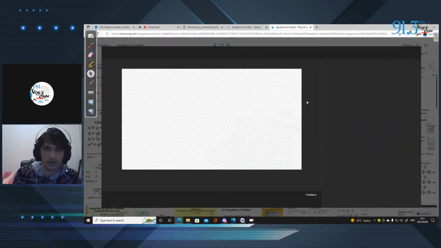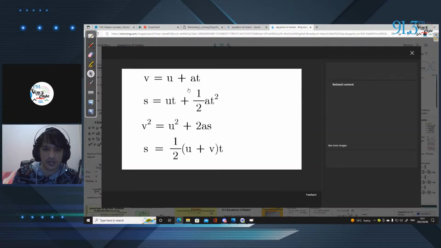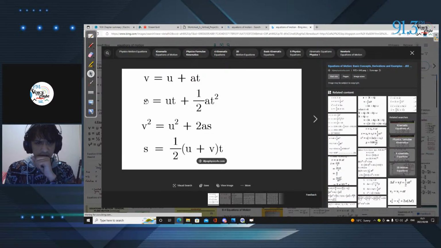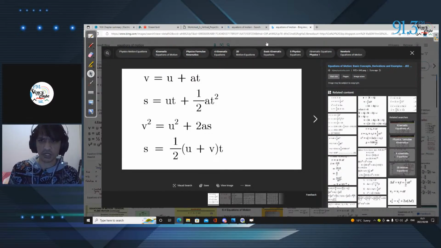Here we go. So here are our equations of motion that we can use. We've got v equals u plus at, where v is the final velocity and u is the initial velocity. This is position. And we can use any of these. So let's go back to this problem.